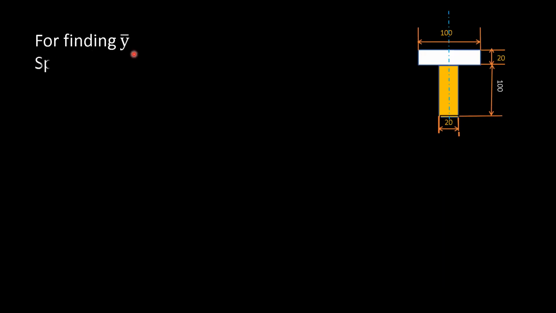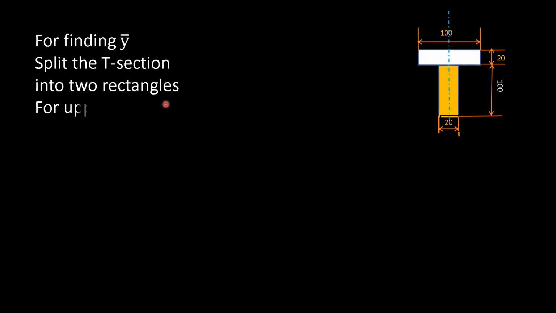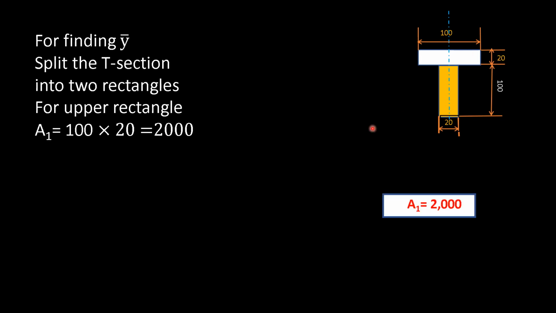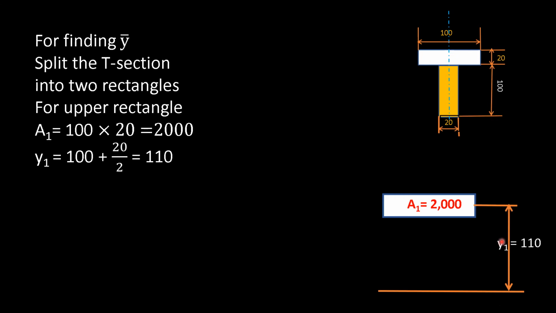For finding y bar, split the T-section into two rectangles. For upper rectangle, A1 equals 100 multiplied by 20, that is 2000. Y1 equals 100 plus 20 divided by 2, which is 110.